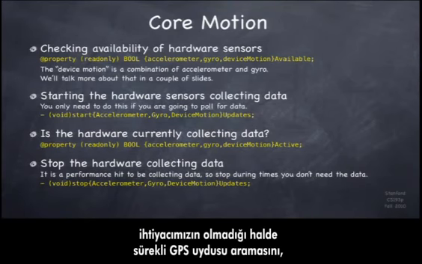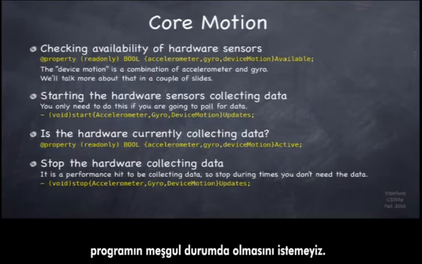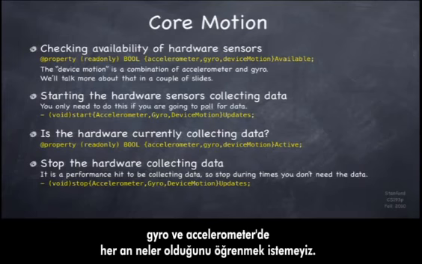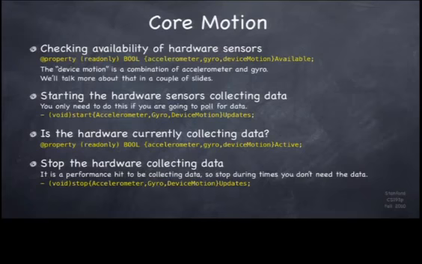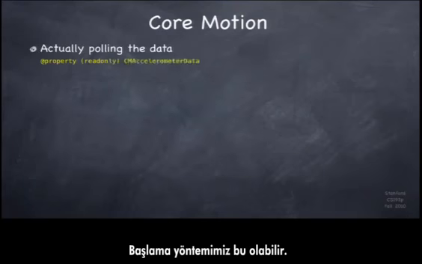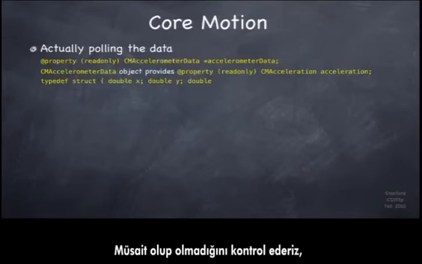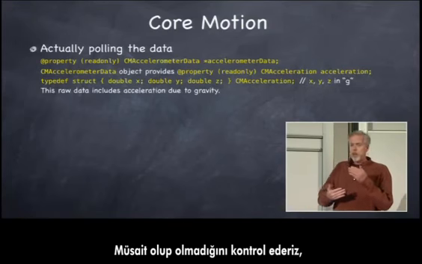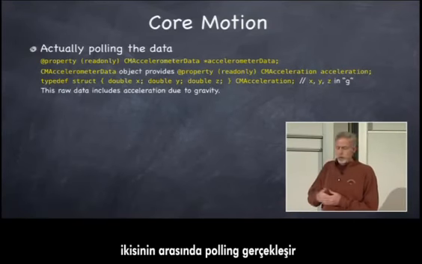Same with Core Location: you don't want it trying to look for GPS satellites when you don't care where you are right now in your program. Same thing here. So that's how you start: you check to see if it's available, you start it, and you stop it. And in between, you do this polling.